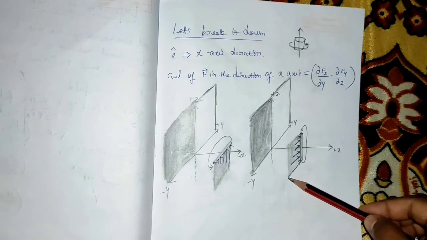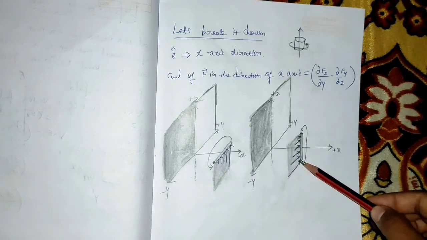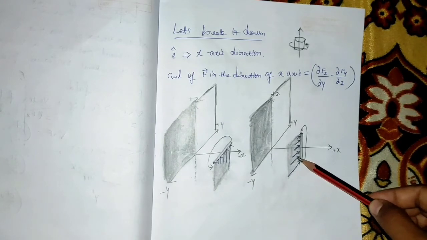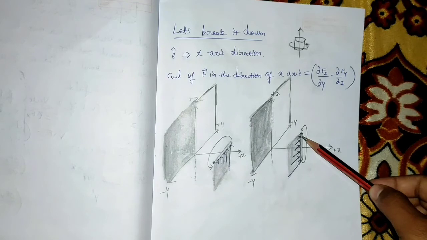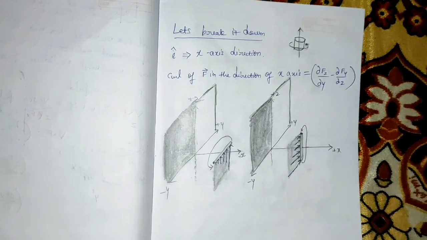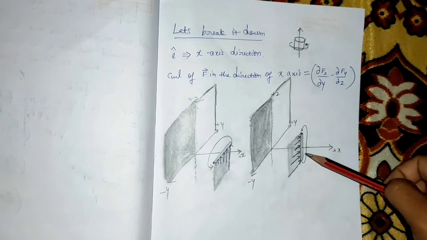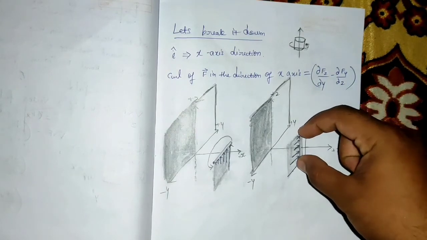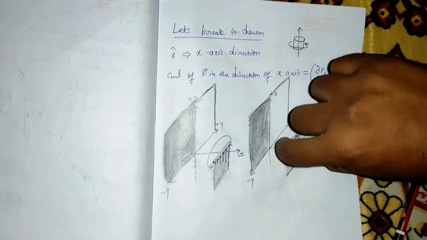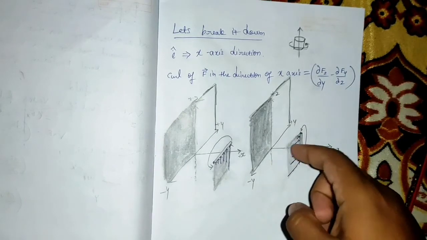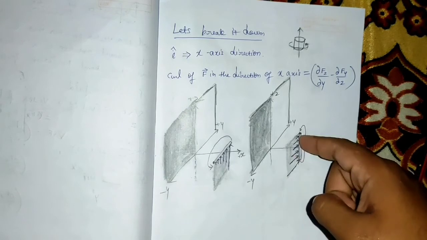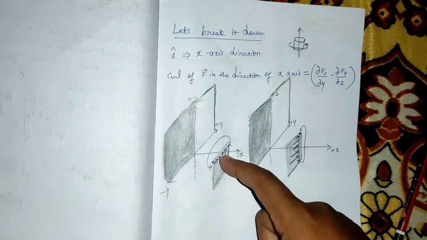So this is more, this is less, still lesser, least. Now, because of this gradient, this stick will rotate like this and become parallel to the y-axis. Again it will come to the same position.